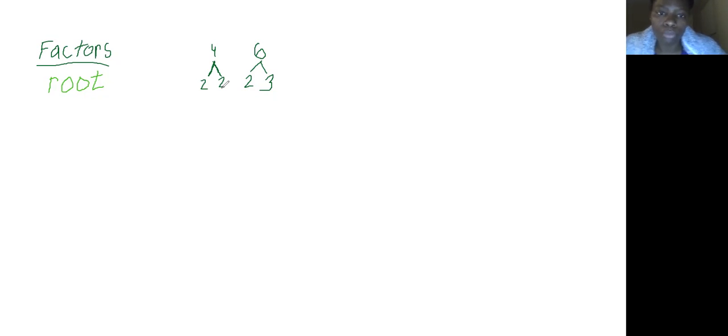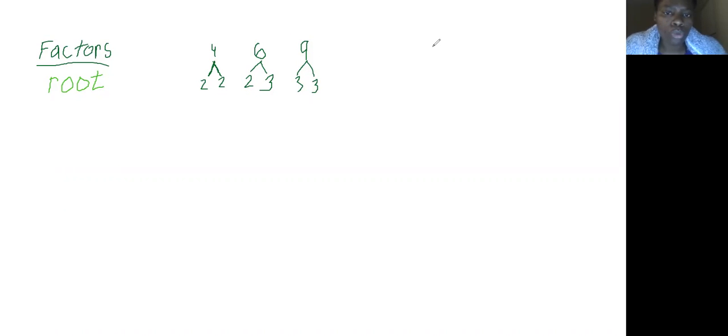Okay, so let's continue on and do some more of these factors, like the number 9. So let me undo that and use my green. The number 9 can be broken down into 2 factors. Can you guess what 2 factors that is? 3 and 3. 3 times 3 is 9.